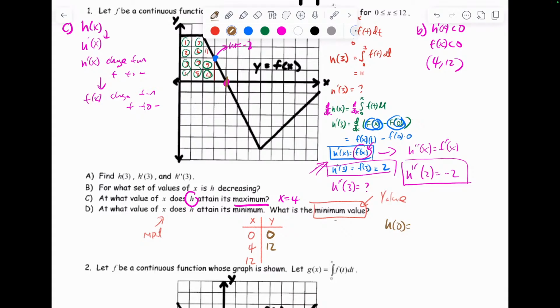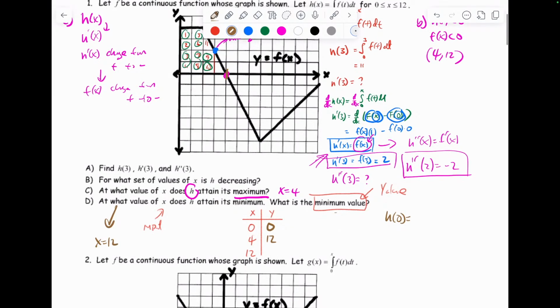Why? So this one is going to be x equal to 12, because after that, everything's negative. If I want to find out what h of 12 is, it's going to be the integral from 0 to 4 of f(t) dt, that's the positive part, plus from 4 to 12.